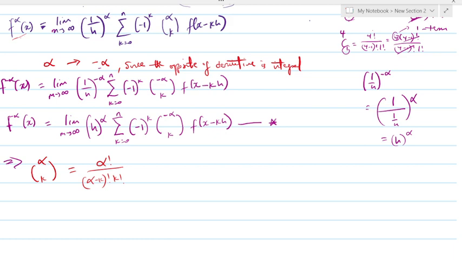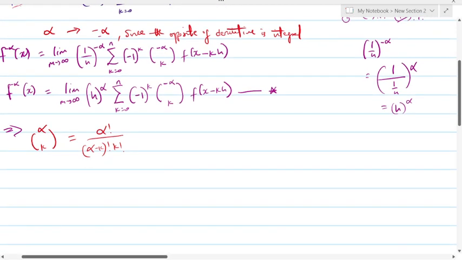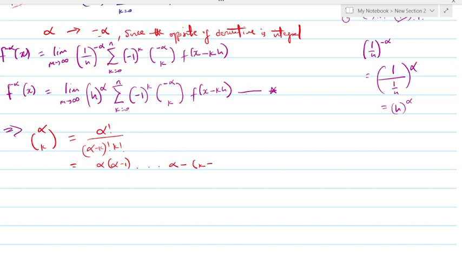Then we can expand this further to have alpha into alpha minus 1 and so on, down to alpha minus k plus 1, then alpha minus k factorial, everything over alpha minus k factorial k factorial.